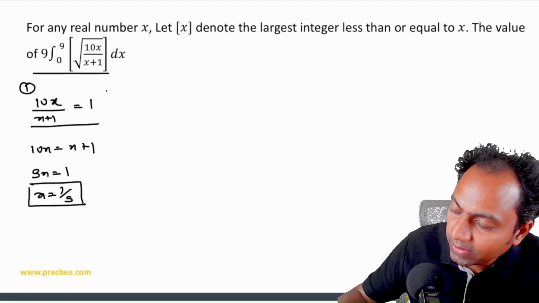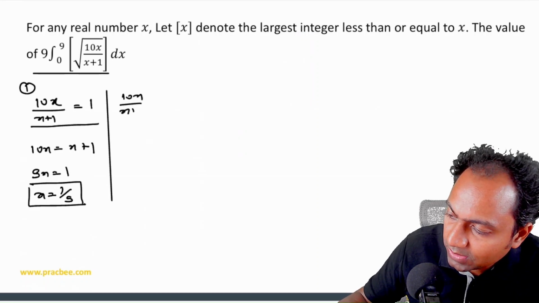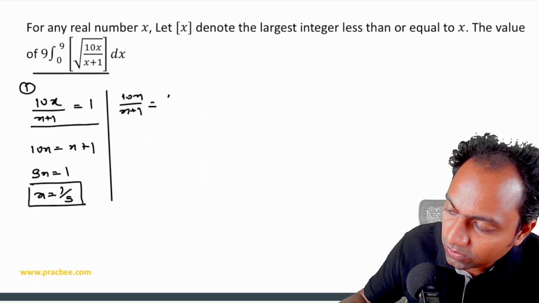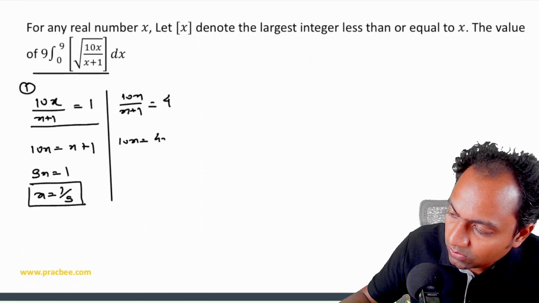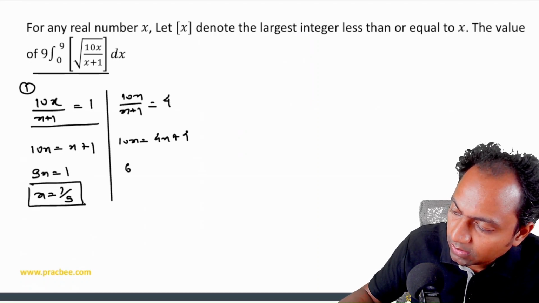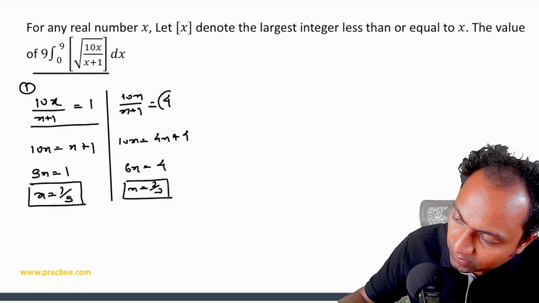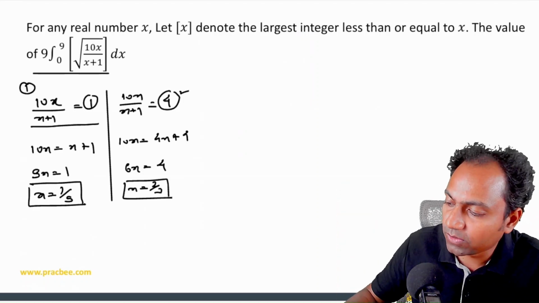Another important value is when this function 10x by x plus 1 takes another important value, that is 2 square, that is 4. So if I do that, this becomes 10x is equal to 4x plus 4, or 6x will be equal to 4, or x will be equal to 2 by 3. This is another important value when whatever is inside will become 4. So we are taking squares in order to move forward.